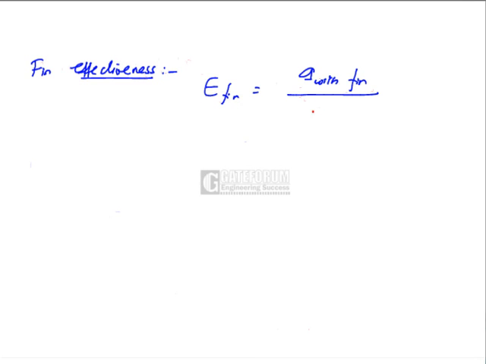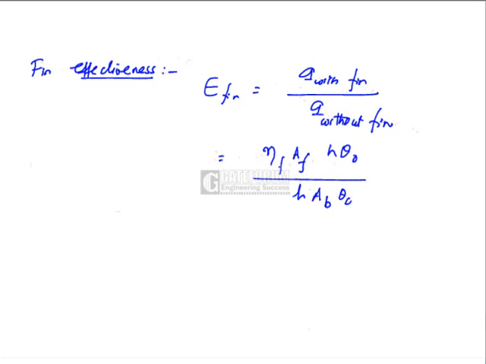Now let me define another parameter called fin effectiveness. Effectiveness of the fin is defined as Q with fin divided by Q without fin. That is, efficiency of the fin into area of the fin into h into theta naught divided by h into area of the base into theta naught.